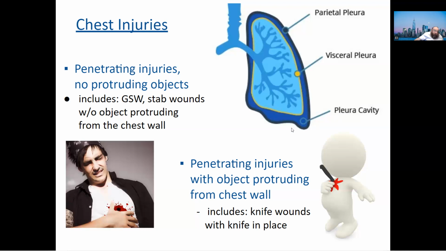Now, the pleura has two layers. There is the innermost layer, which here has a yellow line. Okay, the innermost layer is called the visceral pleura. And then you have a space called the pleural space, or the pleural cavity, if you like.